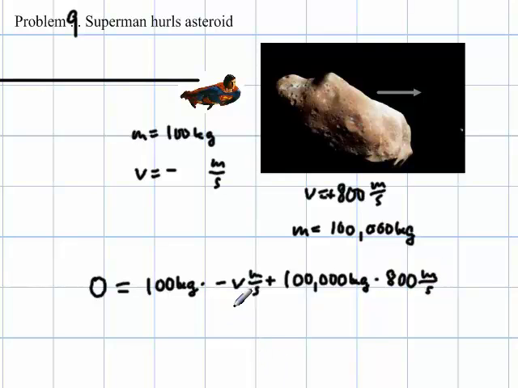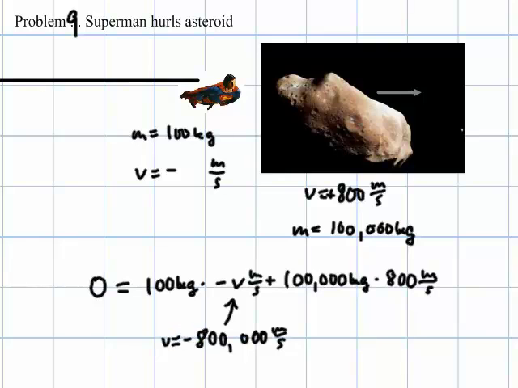And now, in order to figure this one out, we have to take 100,000 times 800, divide by 100. As we divide by the 100, we get rid of the kilograms, so our unit will be correct, meters per second. 100,000 divided by 100 is 1,000. 1,000 times 800 means that he has a speed of 800,000 meters per second.